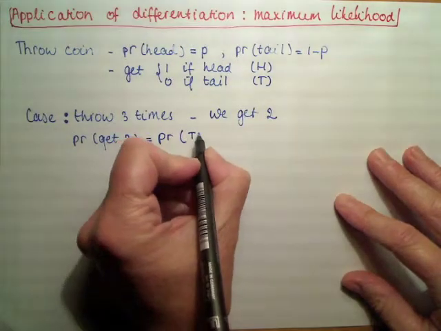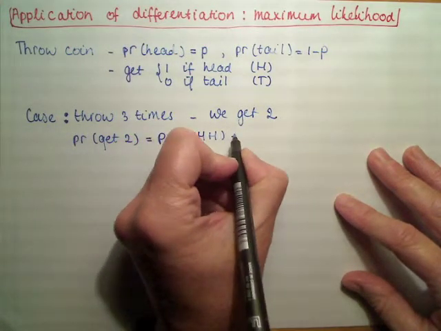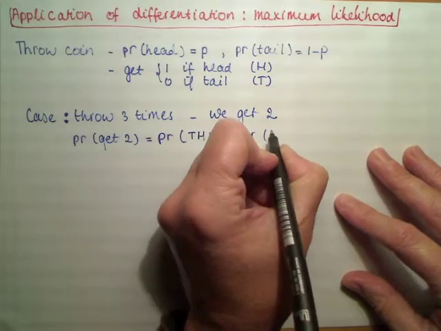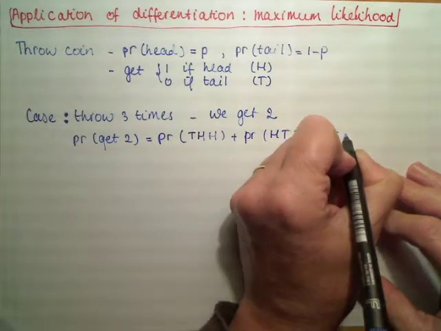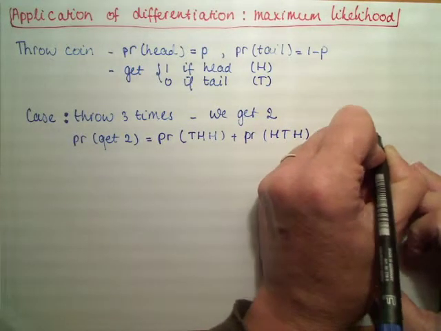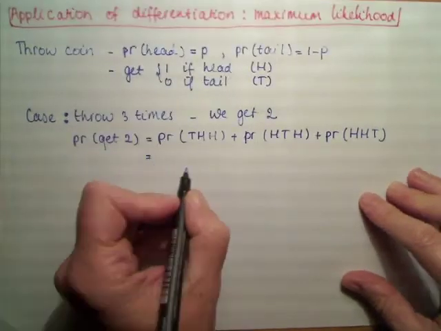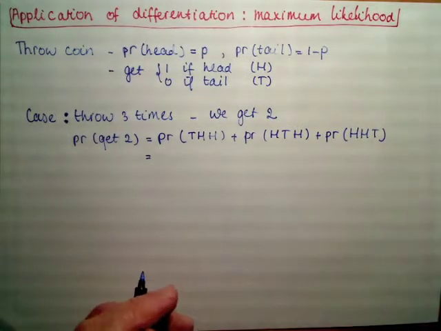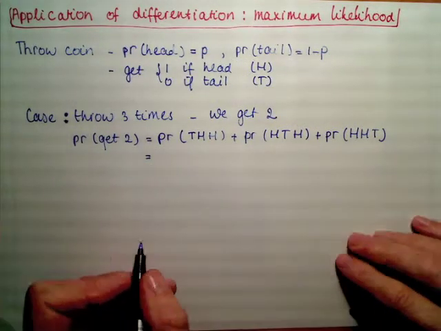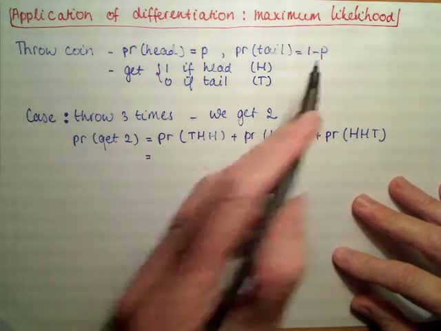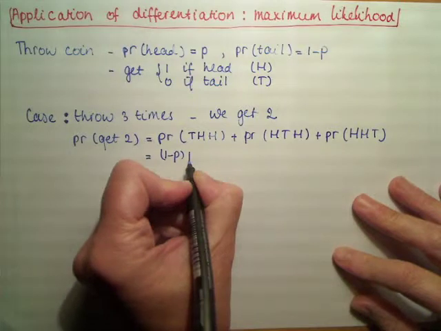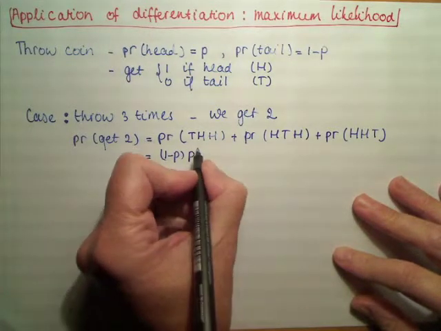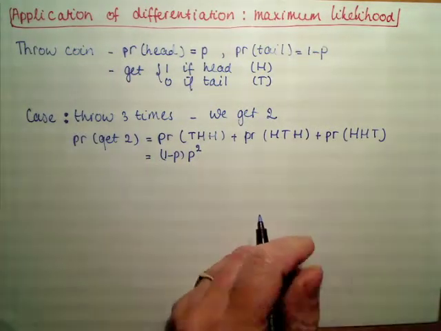We can first throw tail and then 2 times head, or first head, then tail, then head, or 2 times head and then tail. What is the probability of throwing first tail and then 2 times head? Well, we have to throw tail, so this occurs with probability 1 minus p, and then we have 1 head and another one, so it gives us p squared.